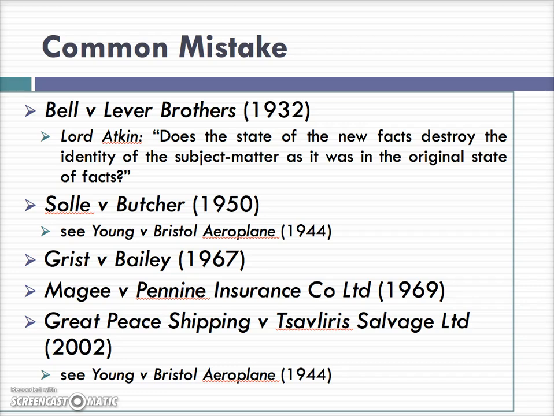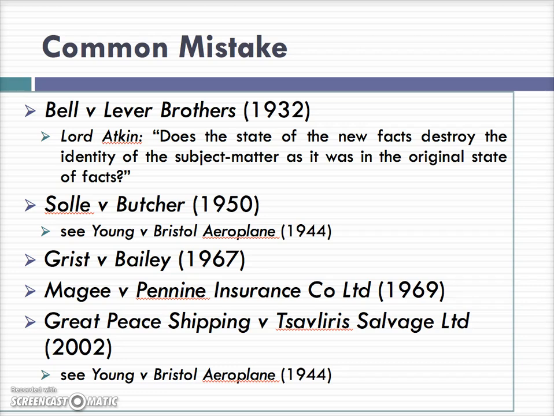Bell and Lever Brothers was a case about an employee, a manager, who worked for Lever Brothers. Now, he had a long-term employment contract, which was not terminable. However, Lever Brothers merged with another firm, and the services of Bell were no longer needed because his position had become redundant.